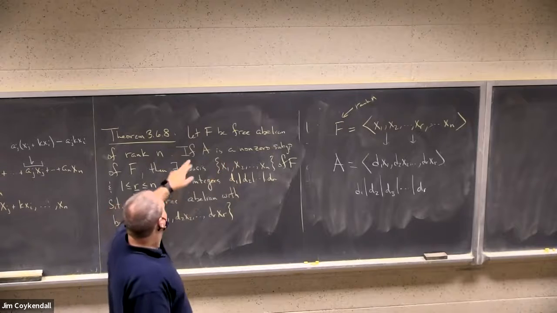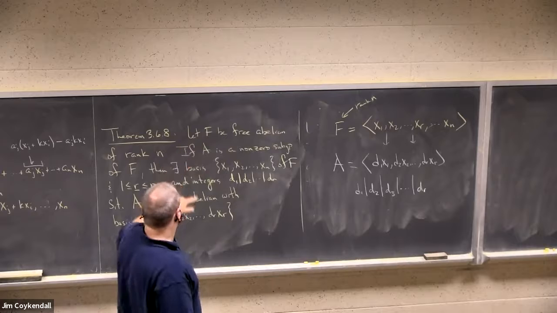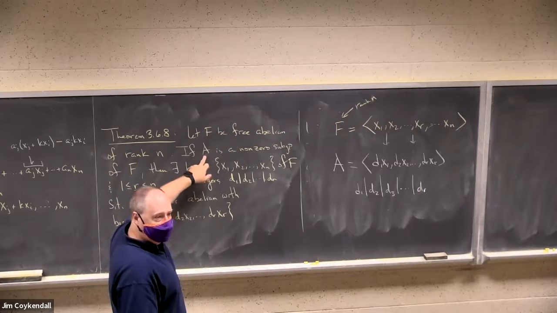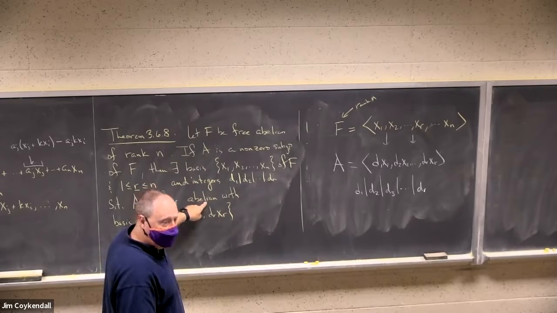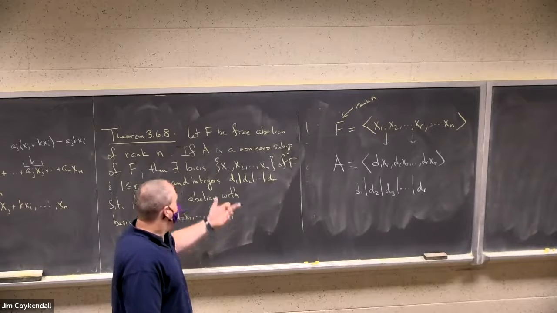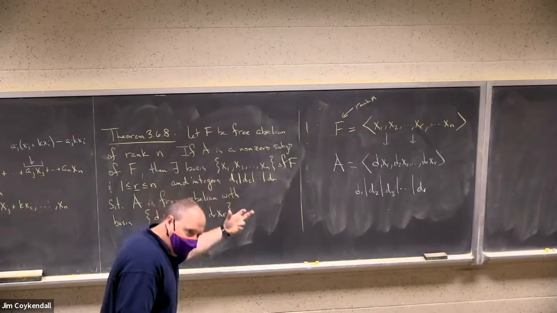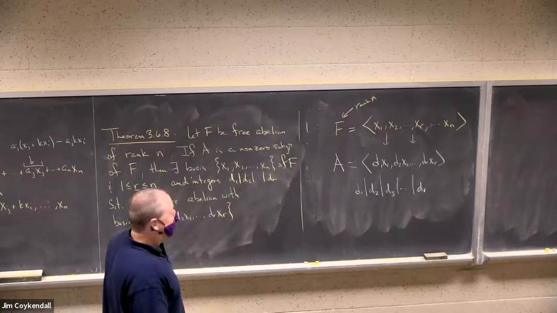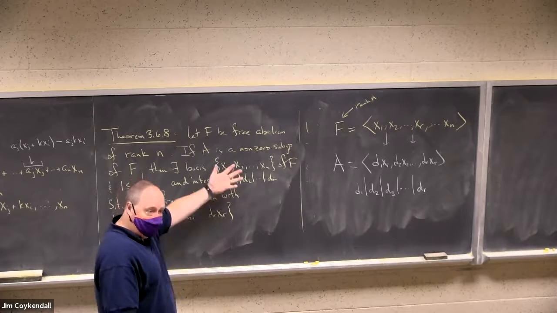One thing you can take away from this is that if you have a free abelian group, then any subgroup is also free abelian and is generated by no more than the number of elements needed to generate the parent group. So a subgroup of a finitely generated free abelian group is also free abelian, and its rank is less than or equal to the rank of its parent.